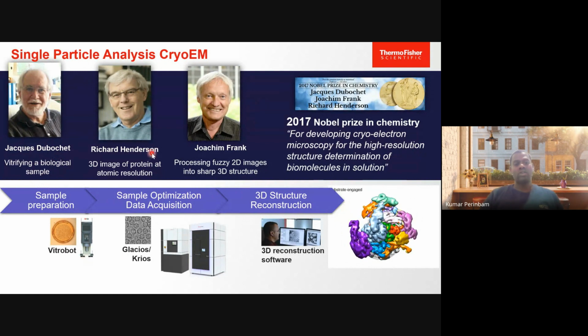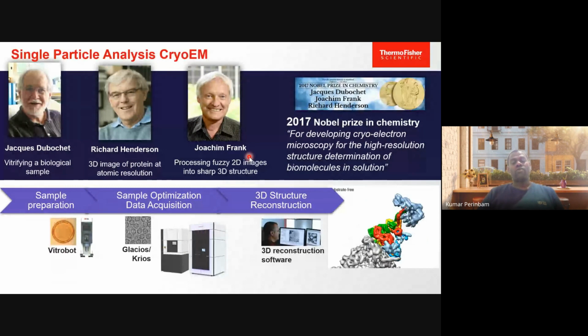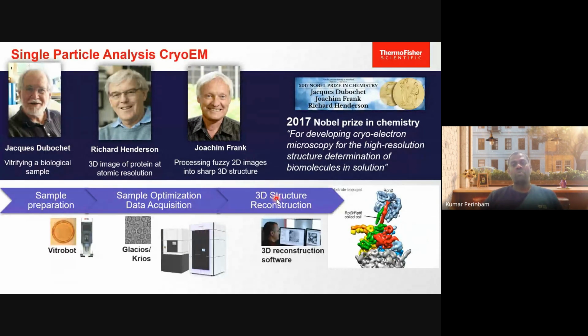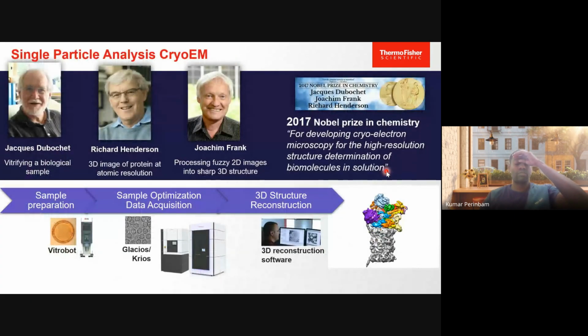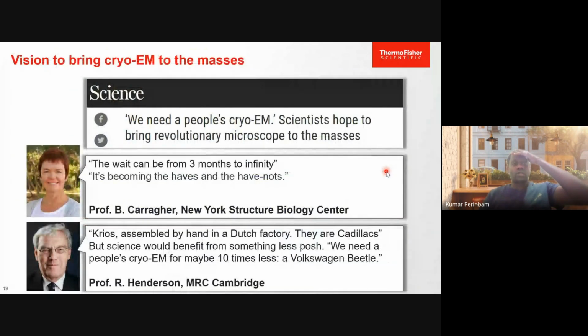Richard Henderson was involved in the data acquisition, and Frank made a major contribution to 3D structure reconstruction. All three of them got the Nobel Prize in 2017, which is like 10 years after the revolution actually happened. Several people after them came out and showcased the power of Cryo-EM.